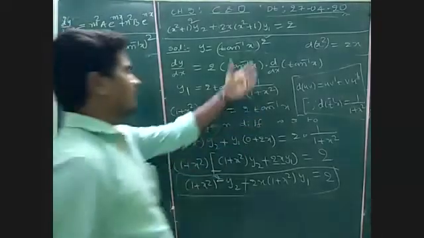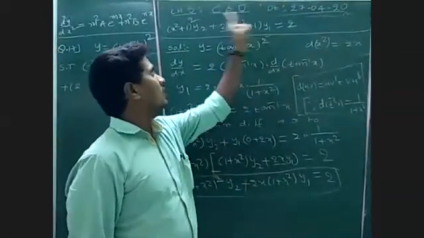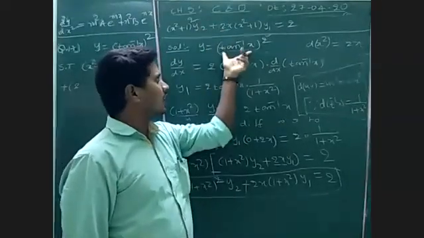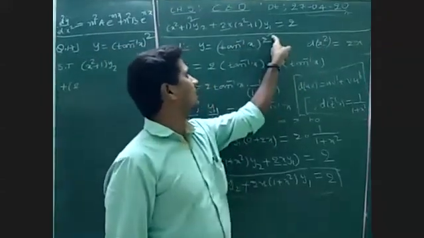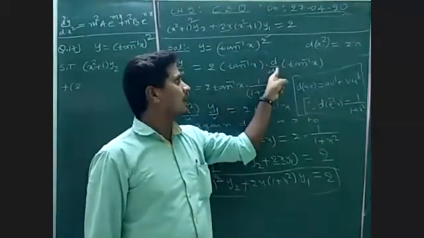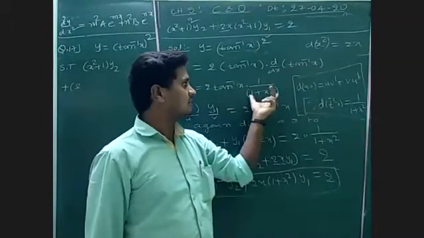Once again, this is the given function. In the given question y1 and y2 will be there, so we differentiate two times. I differentiated once. This is in the form of x square, whose derivative is 2x, so 2 tan inverse x, and the derivative of tan inverse x is 1 by 1 plus x square.